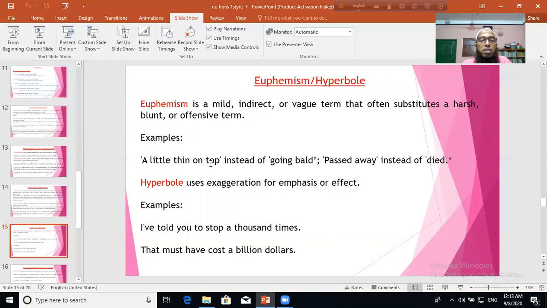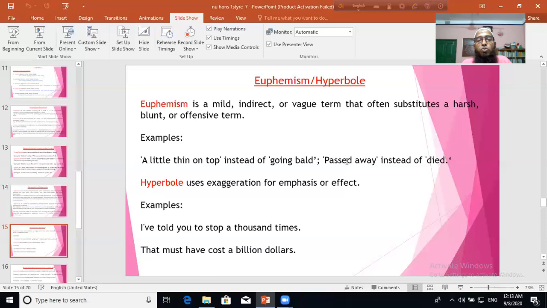Example: a little thin on top instead of going bald, a bald-headed man without any hair. If someone says a little thin on top, top here means head. So this is an expression of going bald.